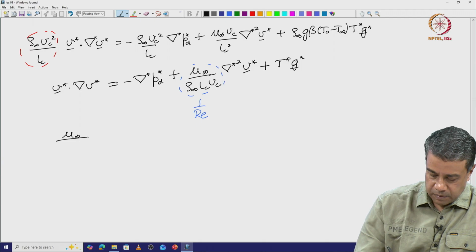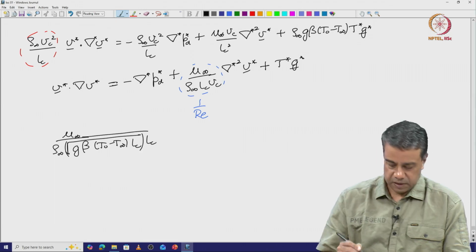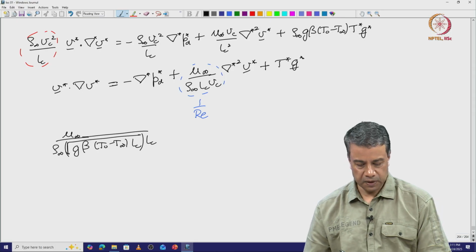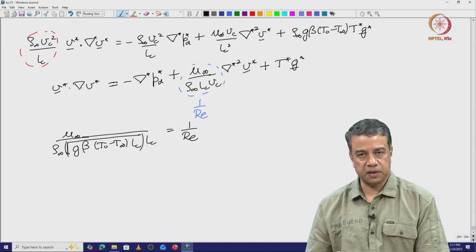Mu infinity by rho infinity into the root of g beta T naught minus T infinity into L c, that is the characteristic velocity times L c. This is 1 over a Reynolds number based upon the characteristic velocity.